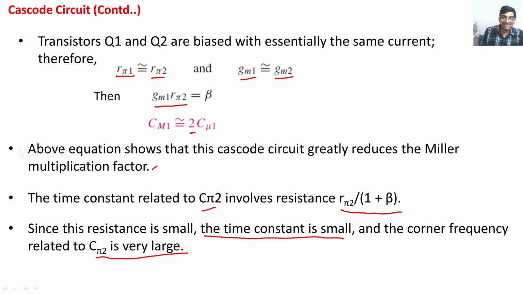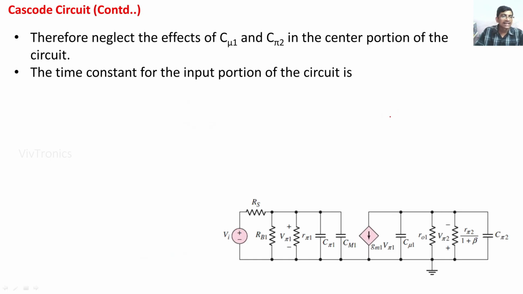We know that f is inversely proportional to the time constant tau. Therefore, if the time constant is less, we get a higher frequency, which means that the upper corner frequency will be increased a lot.